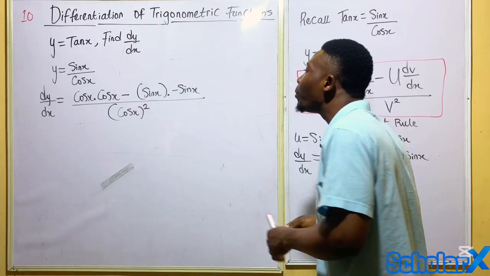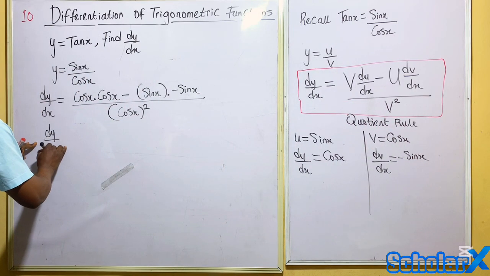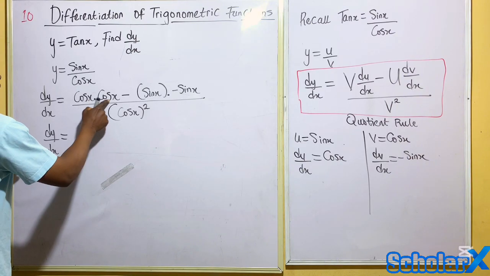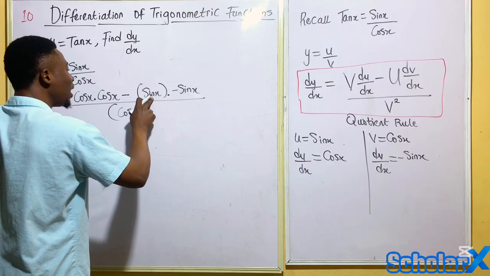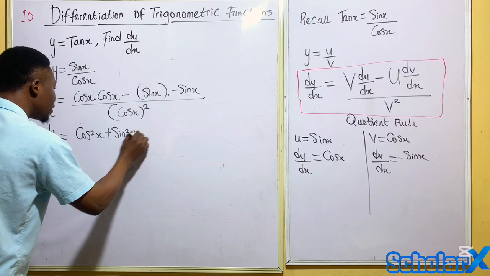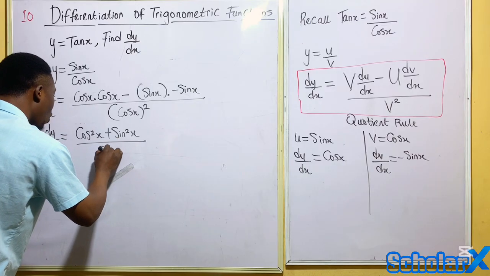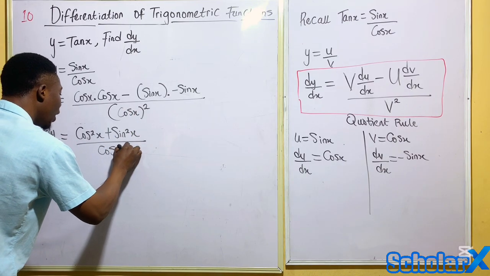So what happens next? dy dx will be equal to cos x multiplied by cos x, that gives us cos squared x. Now minus sine x multiplied by minus sine x gives us plus sine squared x, divided by cos squared x.